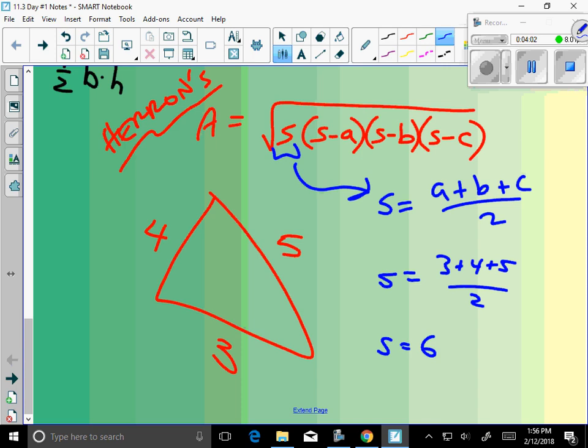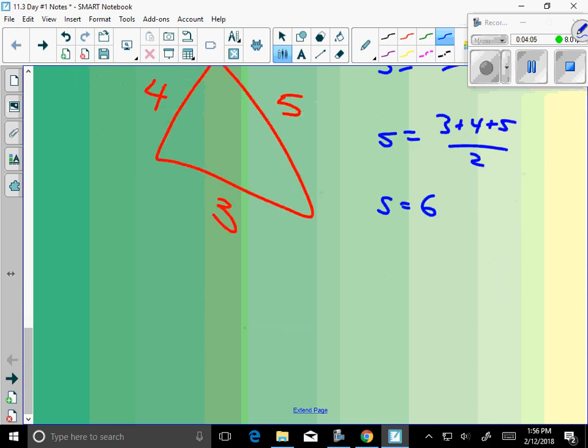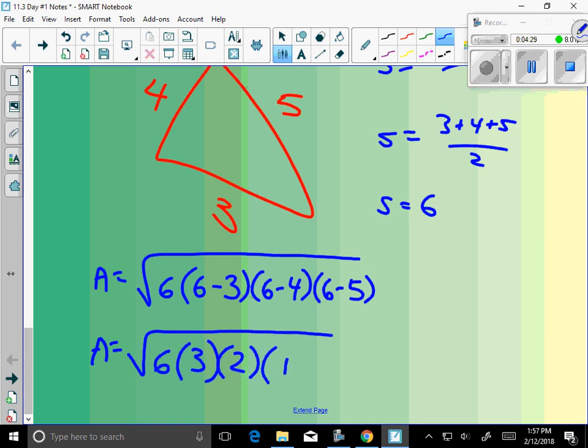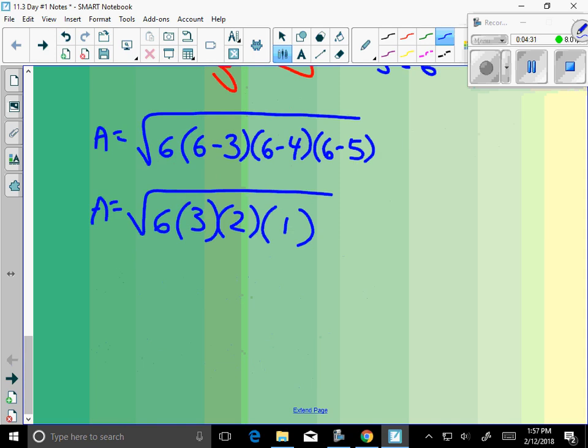Is that the area? No. That's just S. So to find the area, we take the square root of S, which is 6, and then S minus A, and then S minus B, and then S minus C. So our area here would be 6 times 3 times 2 times 1, which is the square root of what?